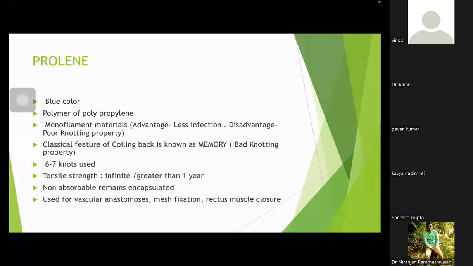It is a non-absorbable suture. Due to chronic inflammatory reaction, it is encapsulated by fibroblasts, and it is used mostly for vascular anastomosis, mesh fixations, and rectus muscle closures.